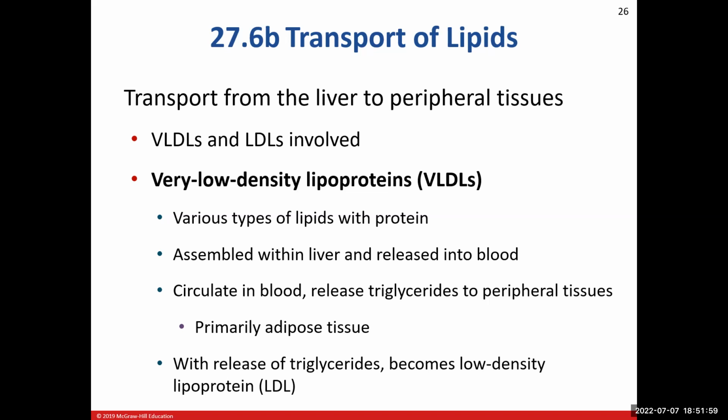When they offload some of those triglycerides, the VLDL is no longer in existence and converts into an LDL, because it offloaded some of the lipids into the adipose tissue. It's like driving your car and the gas tank getting lower the more you drive.